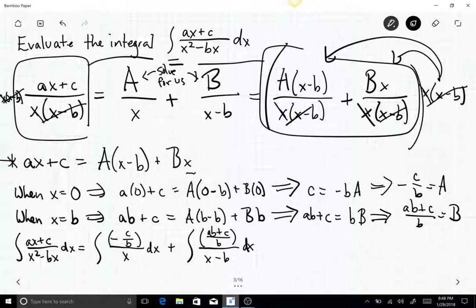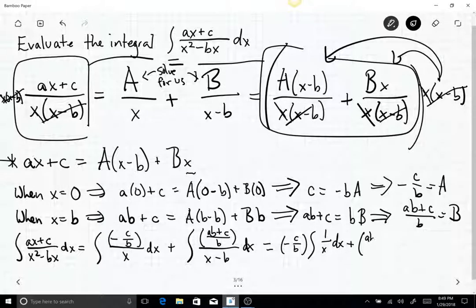Okay, so this looks scary at first, but then when we realize the lowercase c's, the lowercase b's, and the lowercase a's, all that stuff's constant, so we could pull that out in front. So we get negative c over b times the integral of 1 over x dx plus ab plus c all over b times that second integral.